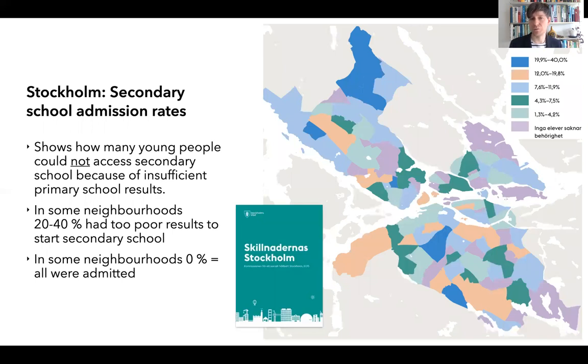So all the school results were good enough. But in the dark blue areas, between 20 and 40%. So that means that 1 out of 5 or even 2 out of 5 did not access secondary school because the school results were too poor. And this is a social difference that was made so obvious thanks to this mapping.